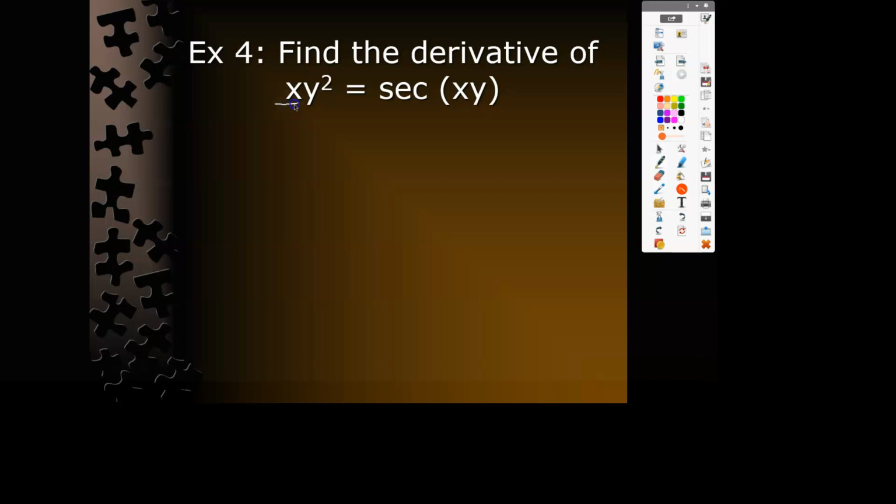So we have the product on the left. So we have first times derivative of the second plus second times derivative of the first equals derivative of secant, which is secant xy tan xy times the chain rule part, which is the product of the inside.